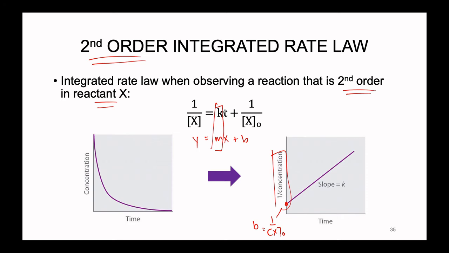If you know your k and if you know your initial concentration, you can solve for your final concentration at any time point t. And similarly, once you find your X, you can reinsert this back into your rate law expression. Rate is going to be equal to k times X squared to find your rate, also at any time point t as the reaction progresses.